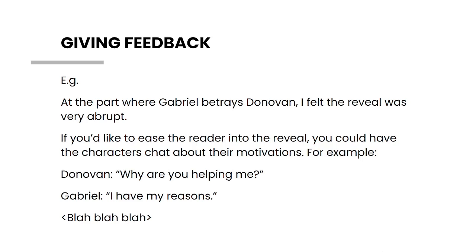If I give 100 things to work on, they will not write a second story. That will be the first and only story they write, and they will never come back to me. Focusing on just 2 to 3 things usually motivates them to keep improving and write the second and third and so on.